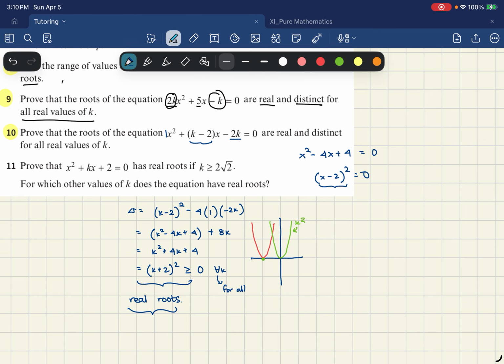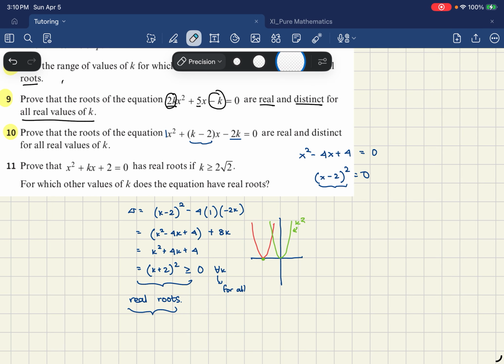So we can guarantee that this equation for all values of k has real roots, but for k is equal to negative 2, which is a real value, we have one repeated root. So we don't have distinct roots for 10, actually. We can have a repeated root, or we can have distinct roots.